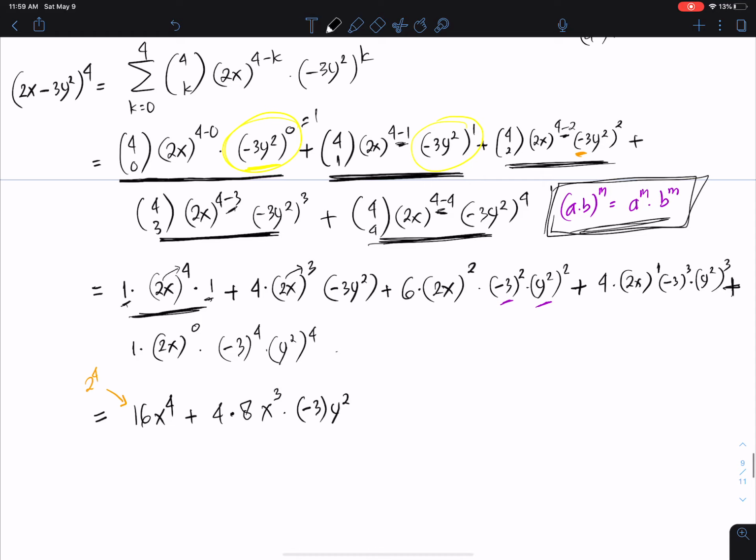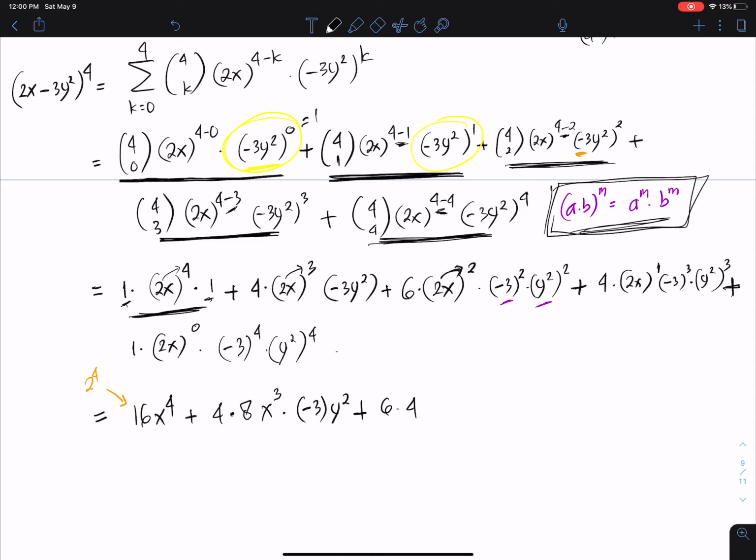Okay, so we get many numbers here, not yet settled. We will look later on again. Plus, now is 6. And then 2 to the power of 2 here. So we get 4.